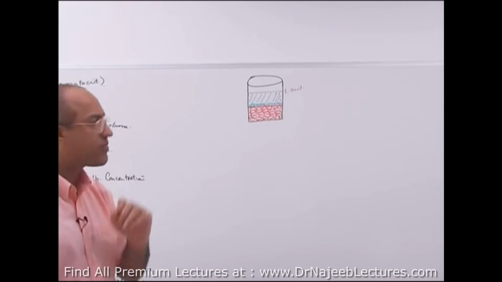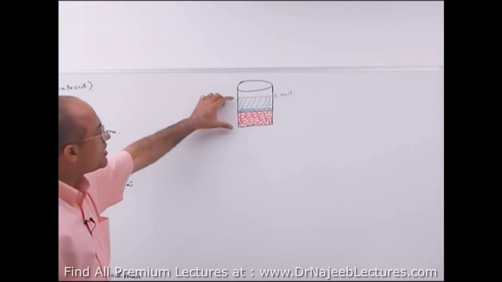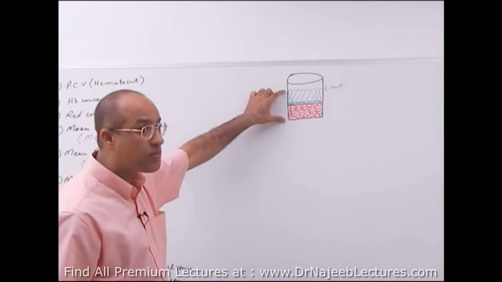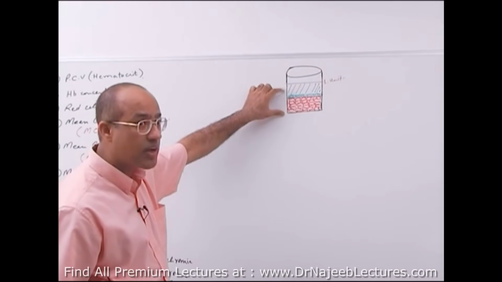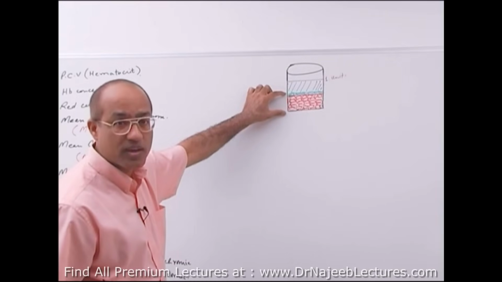Now, if this was 1 unit of blood, as you know, blood is made of plasma and cells. So naturally, the cells are less than 1 unit.